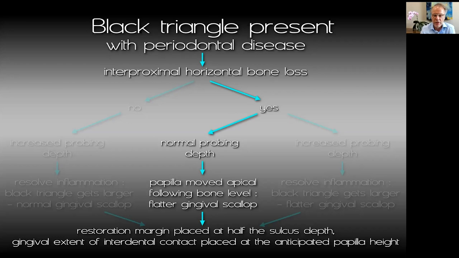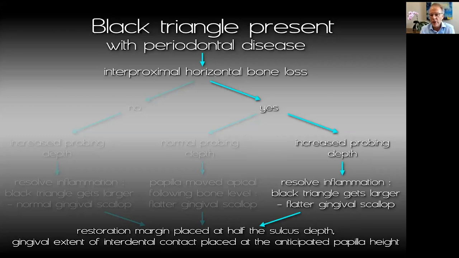Then the gingival extent of the interdental contact is placed at the anticipated papilla height. Now we have increased probing depth with interproximal bone loss. You have to resolve the inflammation, obviously treating the disease process. The black triangle typically gets larger, but you may also have a flatter gingival scallop, and then the same process occurs.